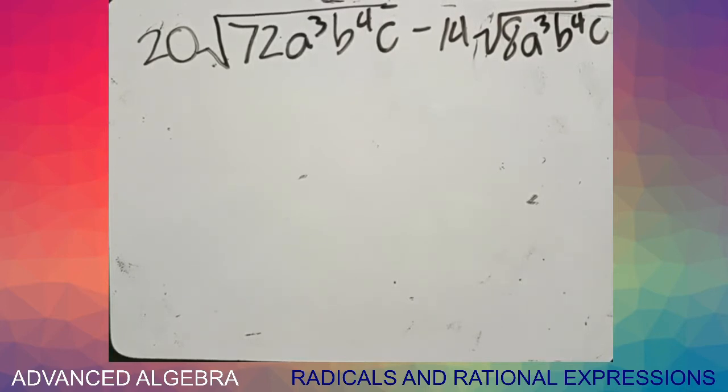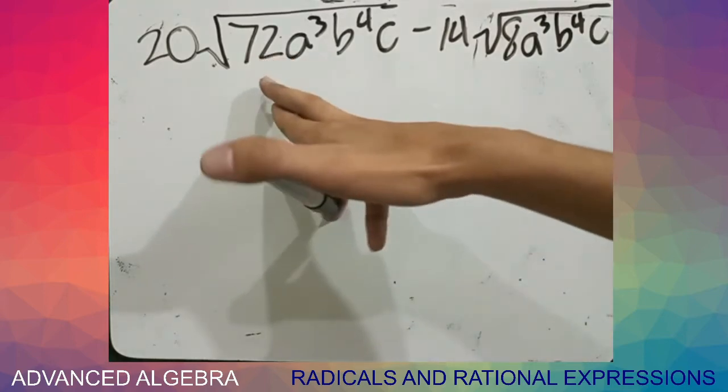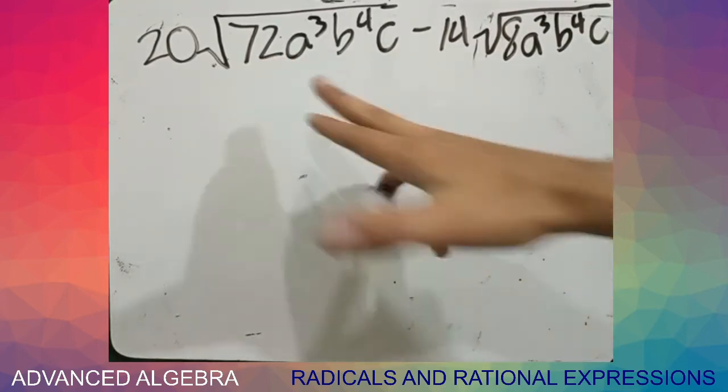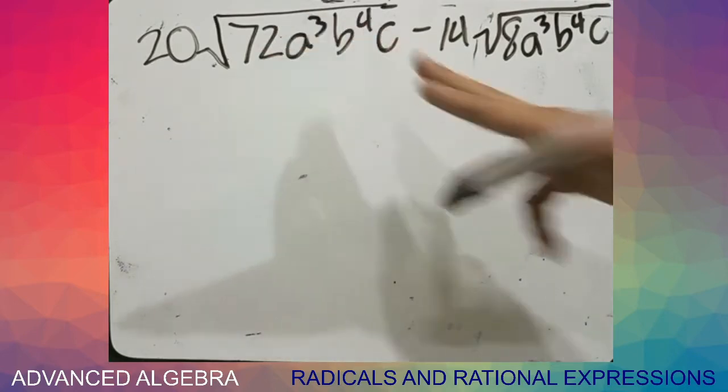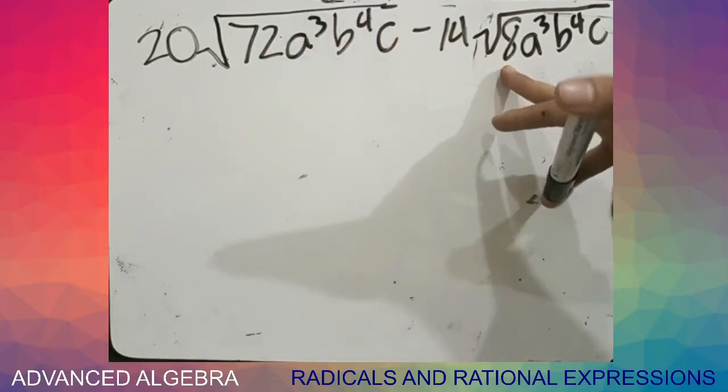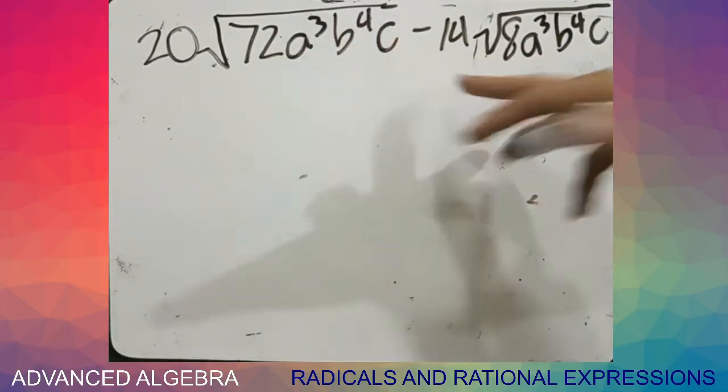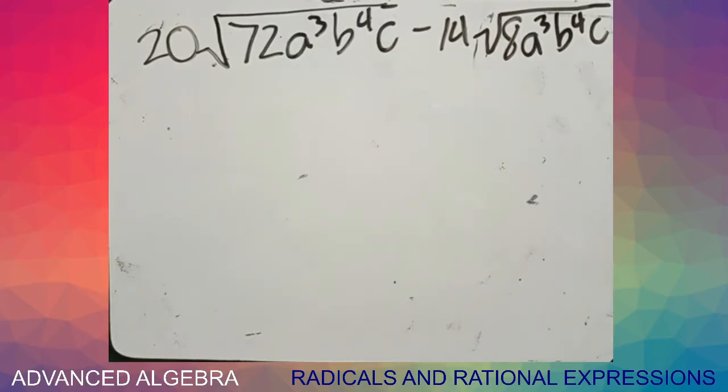So, gawin natin, hahanapin natin yung factor ni 72. Yan, factor ni 72 na may perfect square root. Tapos ito, factor ni 8 na may perfect square root. Ganun din doon sa ating variables na may exponent. So, gawin natin, ito, sulat lang natin.